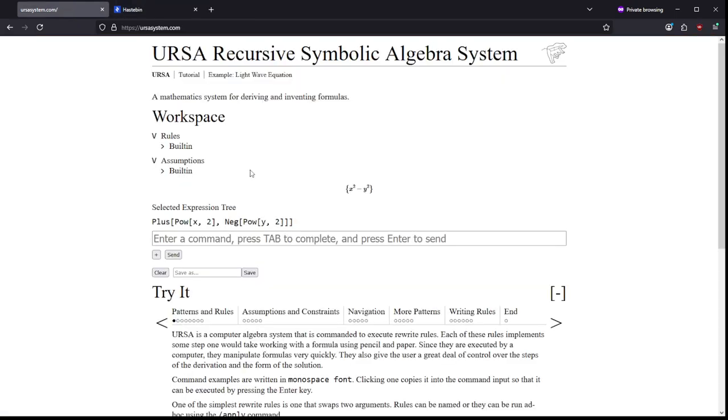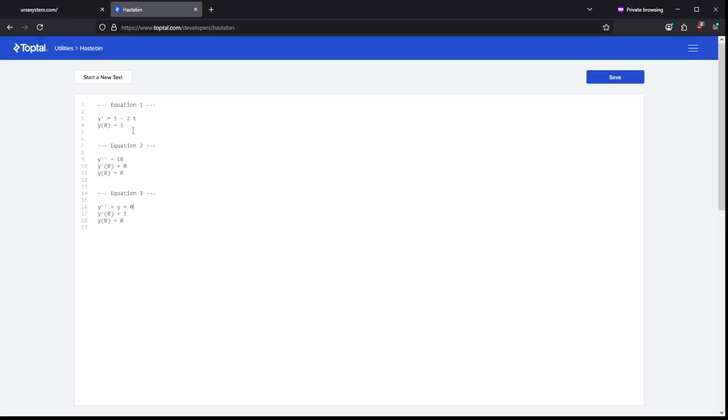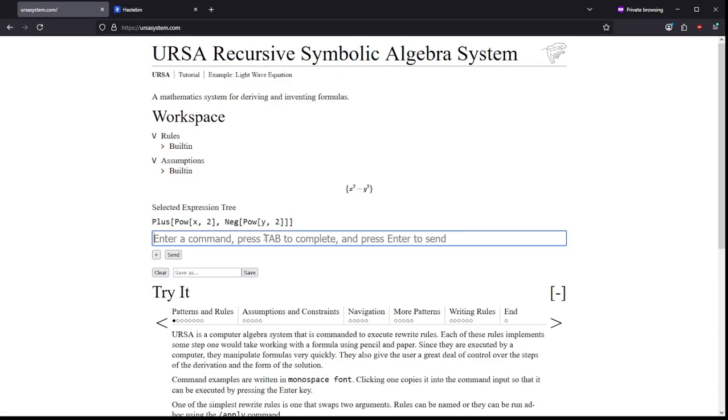Let's do equation 1. Equation 1 is y prime equals 5 minus 2t, y is a function of t, with the initial condition that y of 0 equals 1. So I'm going to put in the initial condition first. The way that you put in definitions and initial conditions is by making an assumption.